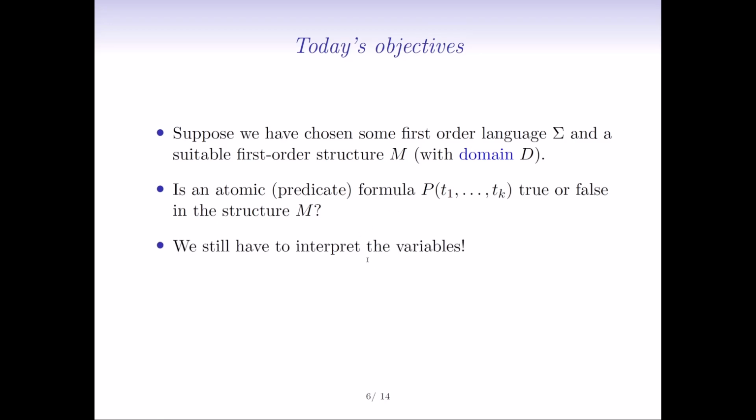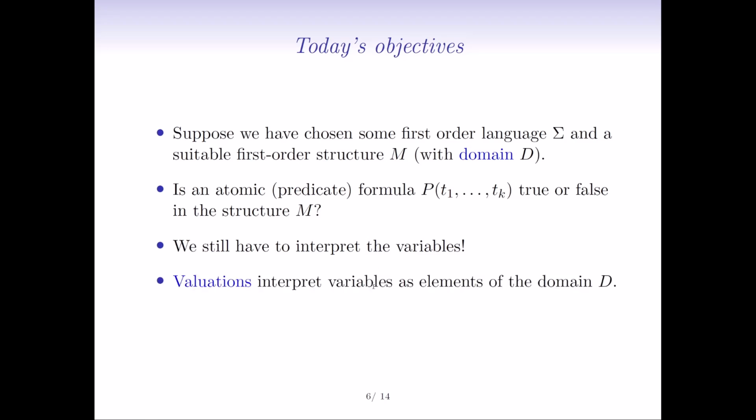Well, actually it still depends, because we still have to interpret the variables. Remember that any variables are terms, so x, y, z, and so on. And you can imagine that these correspond somehow to objects in a domain, but they're not fixed objects. They're variables, and so they vary.